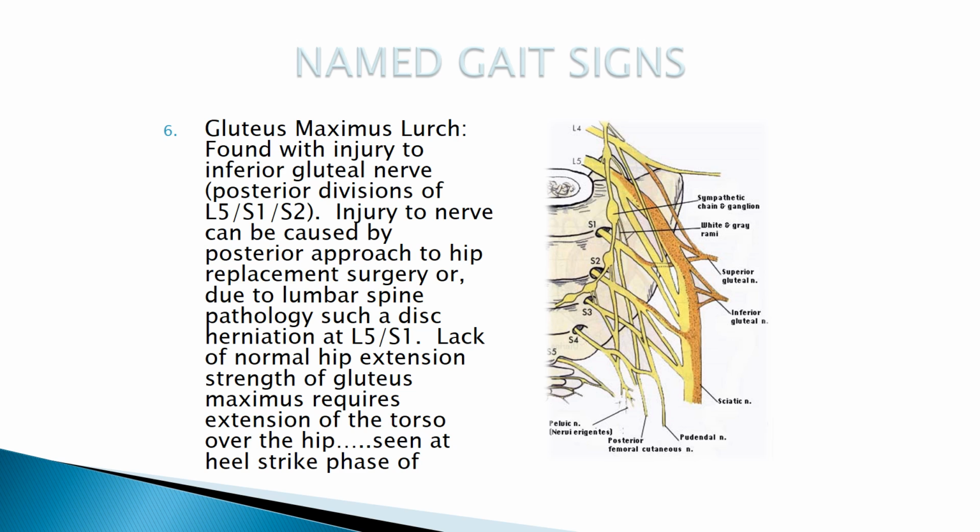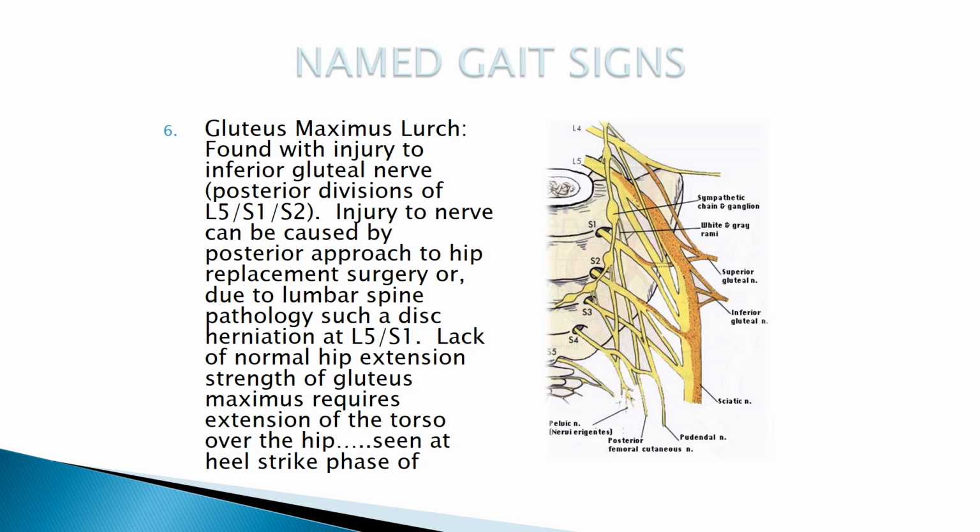causes a weakness of the gluteus maximus muscle, and you're all familiar with the gluteus maximus muscle. So with weakness of the gluteus maximus muscle, we have inability for the hip to extend. The gluteus maximus is a hip extensor muscle.